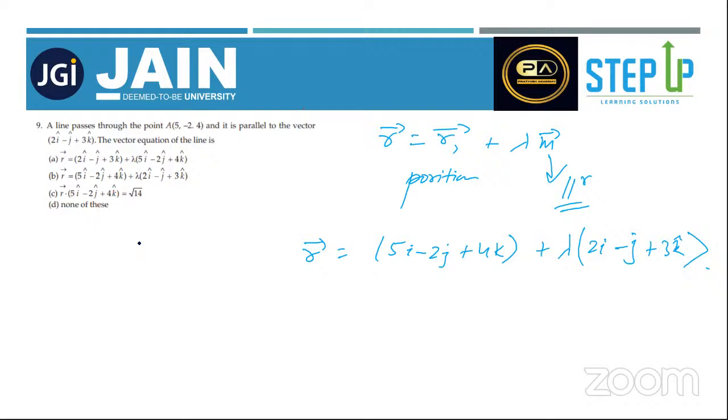So this option is 5, minus 2, 4, and 2, minus 1, 3. So the answer is option B. Okay, this question is direct, based on the formula. Just have to put the values, that's it.